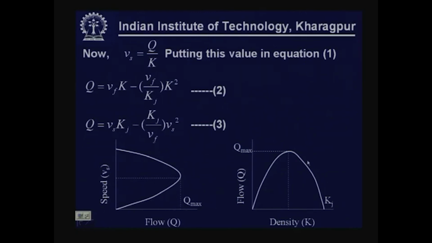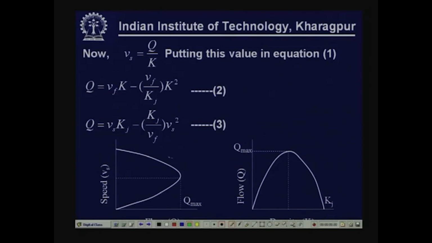You can see, consider any speed flow curve, you have two domains. The upper part represents the almost stable operation where the speed is maximum. As you increase the traffic volume, the flow increases, so the speed is coming down, and you have a lower part which is shown as the dotted line, because this is the unstable operation.